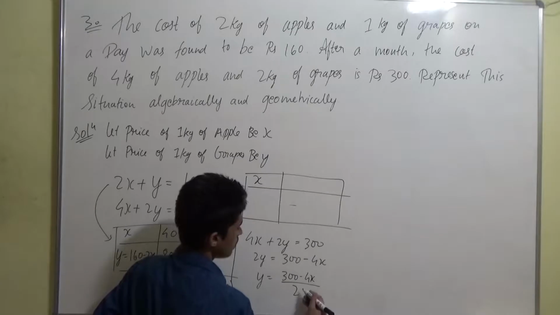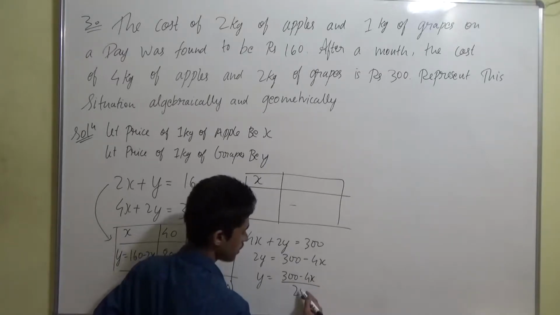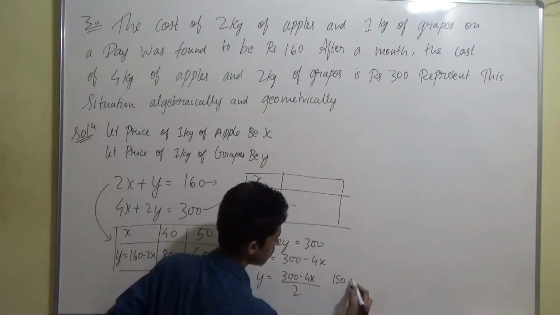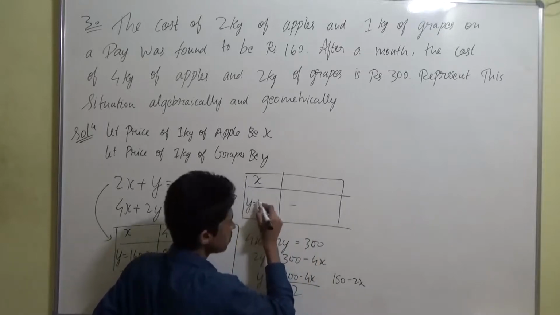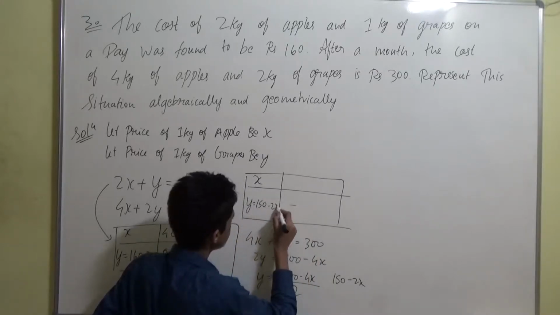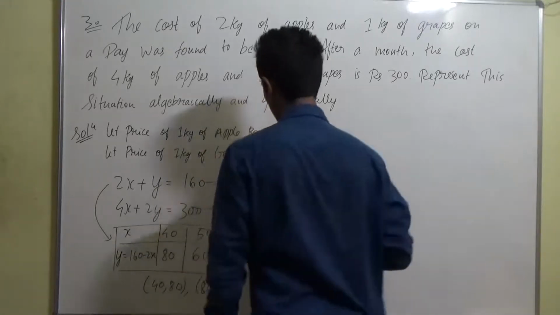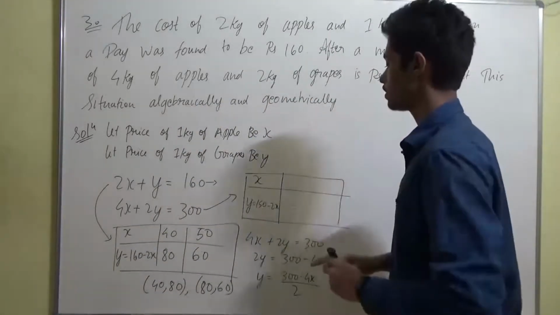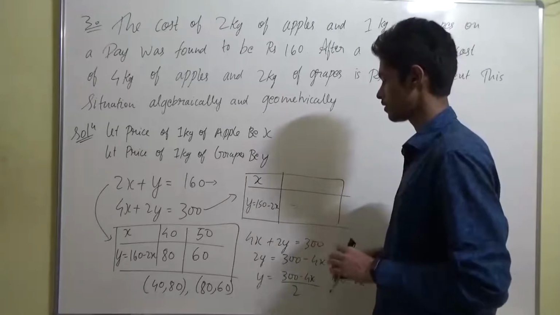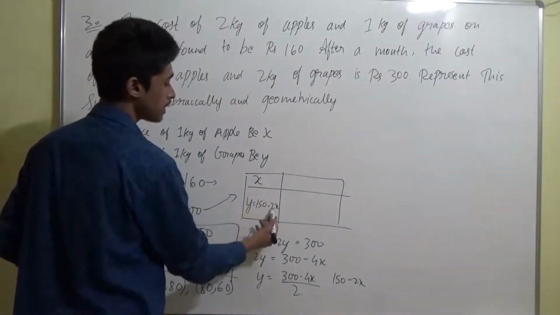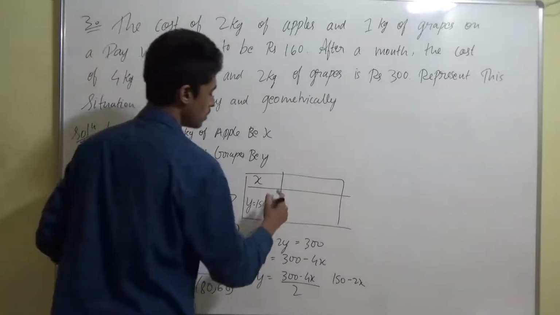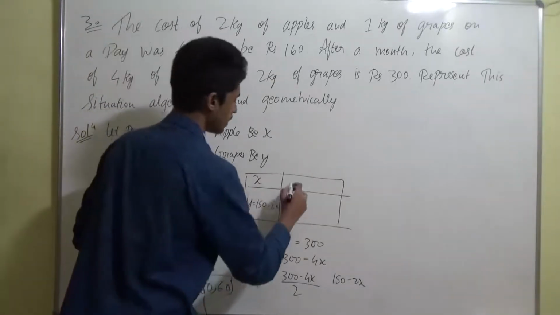Now if you divide both the terms by 2, it becomes 150 minus 2X. So Y is equal to 150 minus 2X. Now we'll take the value of X as 30. It becomes 150 minus 2 into 30, that is 60. 150 minus 60 will become equal to 90.